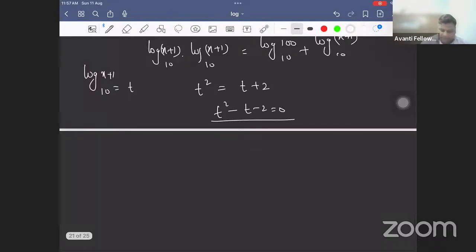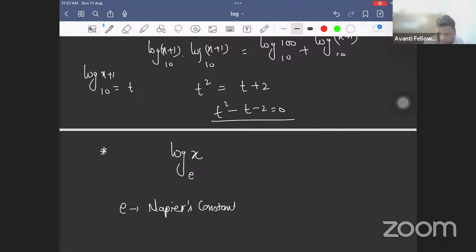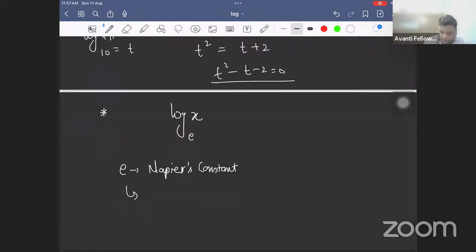One more thing, very simple, easy thing I would like to tell you. Sometimes we have log x base e. This e is what we call Napier's constant. This e lies between 2.7 and 2.8, and it is also an irrational number.